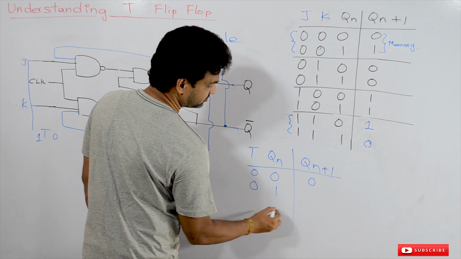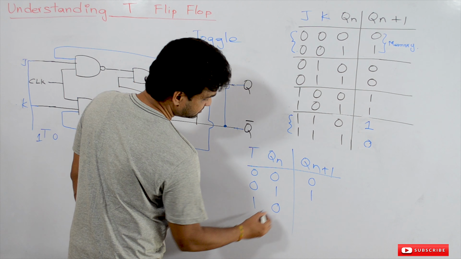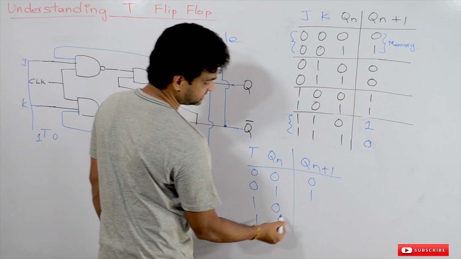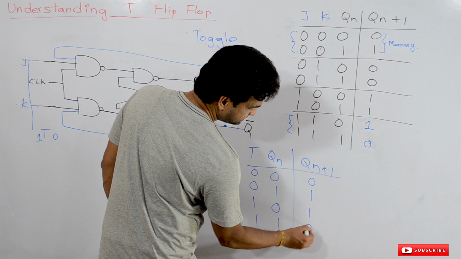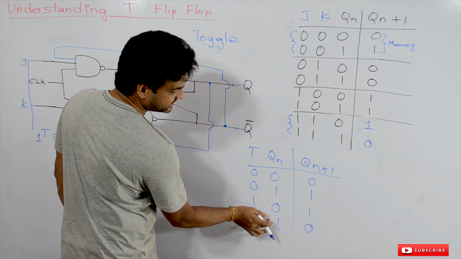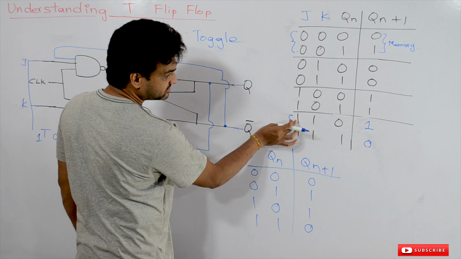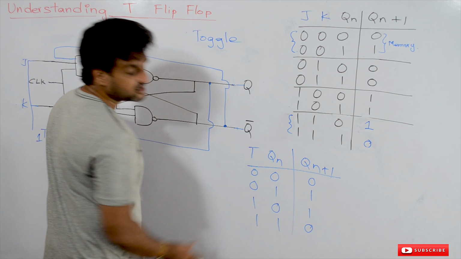T is equal to 0, Qn is equal to 1, it remains the same. T is equal to 1 and Qn is equal to 0, T is equal to 1 and Qn is equal to 1, here the Qn value will get complemented, because this is the case of T equal to 1, which means J is equal to 1 and K is equal to 1.